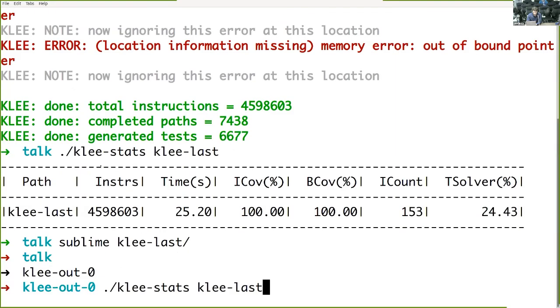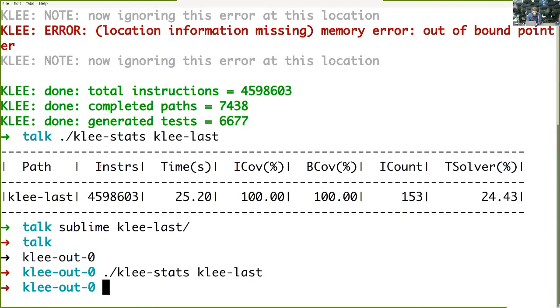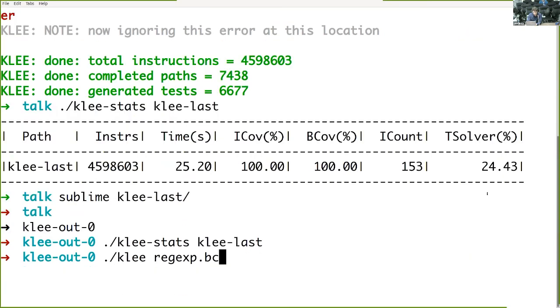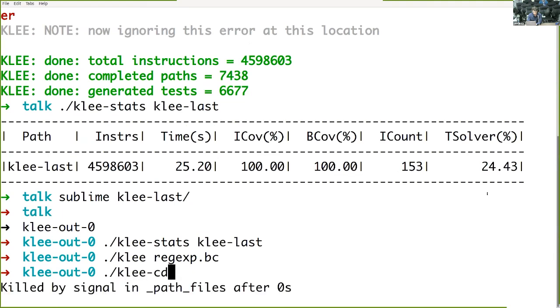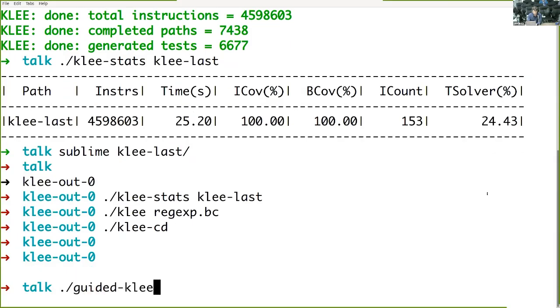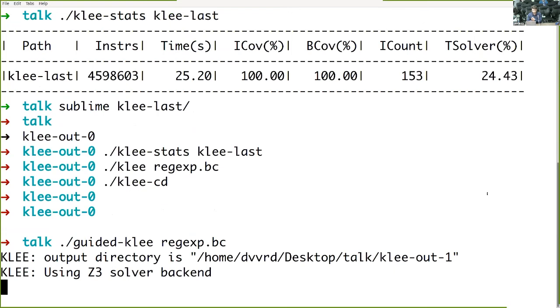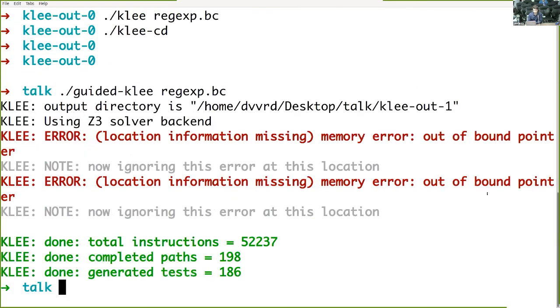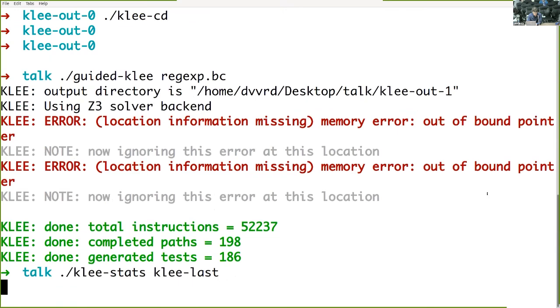We have already run klee on this regex example, and it took 24 seconds. Right now I will try to, oh, yeah, I'm in the wrong directory. So it managed to cover, let's see the statistics.